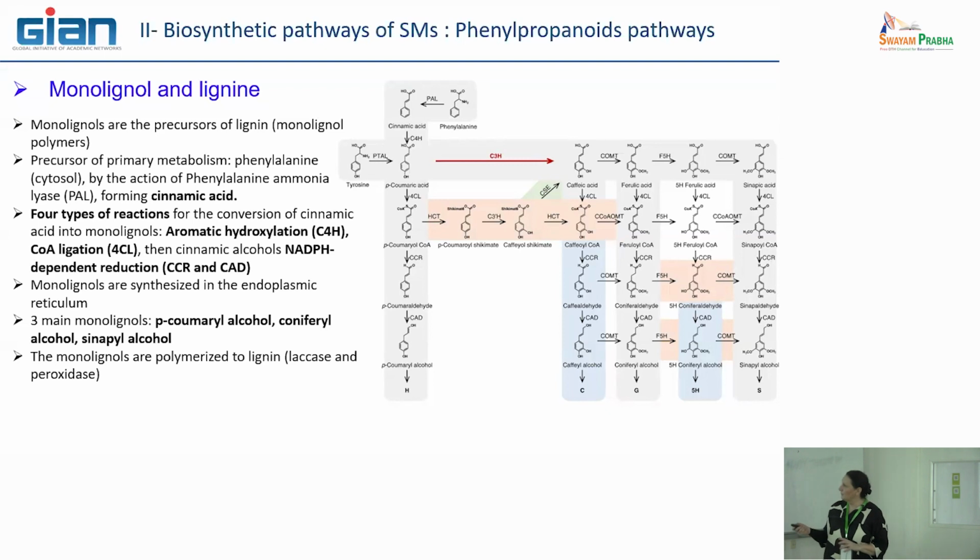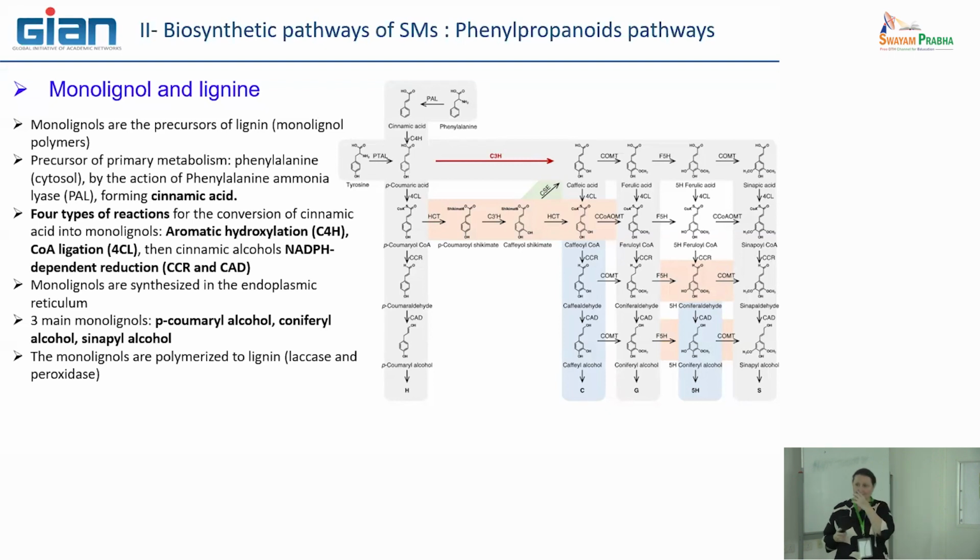But in this way, it can explain the complexity of the monolignol families found in cells. And we don't know if perhaps new enzymes can be discovered to add new branches to this metabolic pathway, leading, for example, to new types of units that could be assimilated to monolignols.